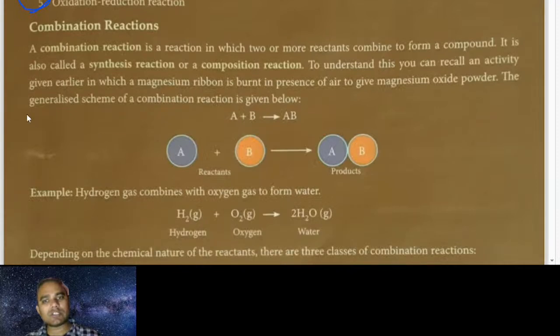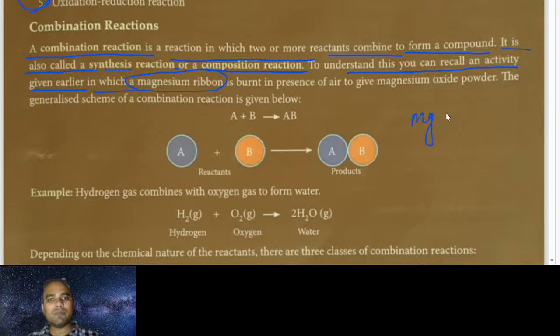What is the definition of combination reaction? A combination reaction is a reaction in which two or more reactants combine to form a single compound. It is also called synthesis reaction or composition reaction. To understand, recall an activity given earlier in which magnesium ribbon Mg is burned in presence of air.